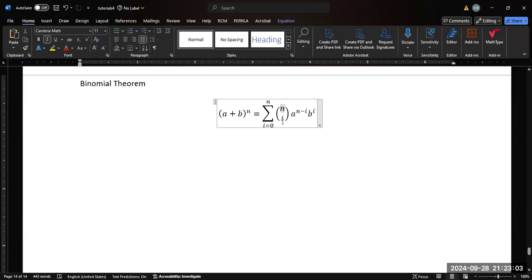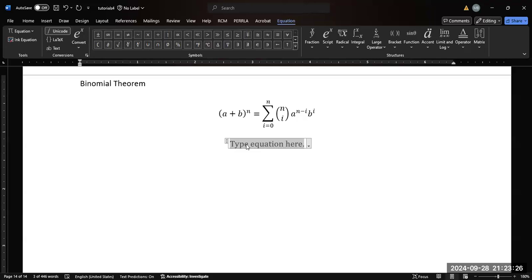Any number choose 1 is going to be the number, n in this case, and any number choose n minus 1, so 1 less than that, is also going to be that original number. Where things get more complicated is when you go into the middle. Those coefficients depend on a formula, or you can find them using Pascal's triangle.